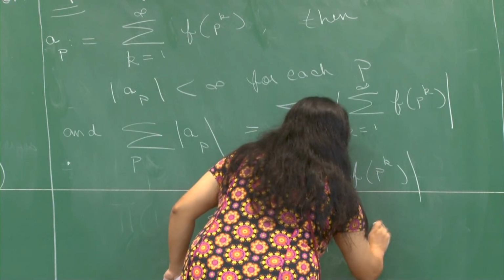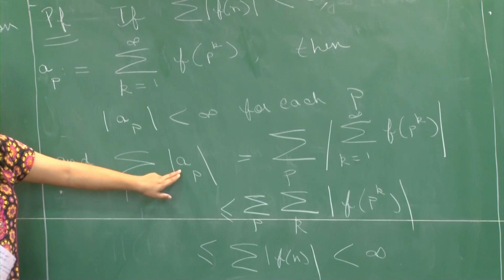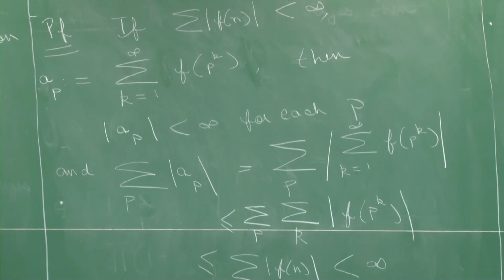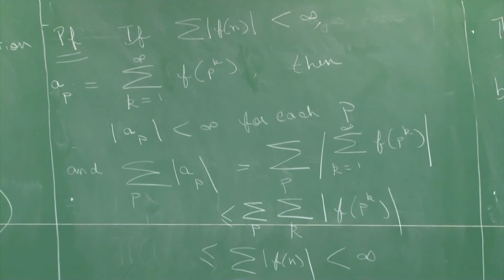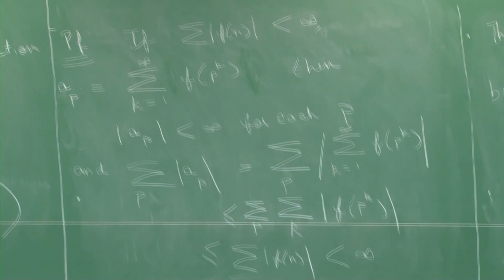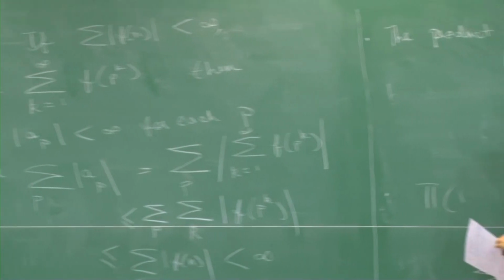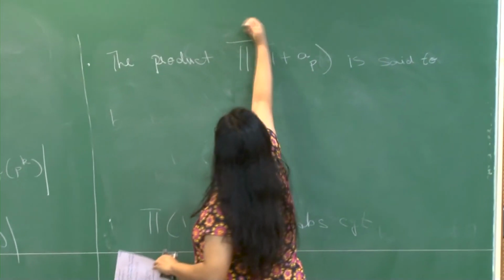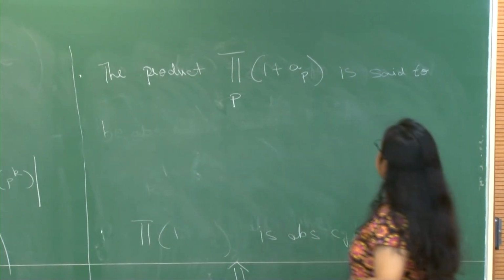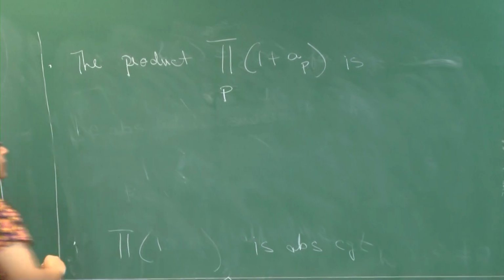Since this is finite, the a sub p's form an absolutely convergent sum, and therefore the product of 1 plus a sub p as you run over all the primes is absolutely convergent and therefore convergent.